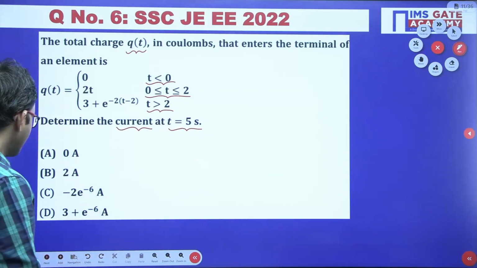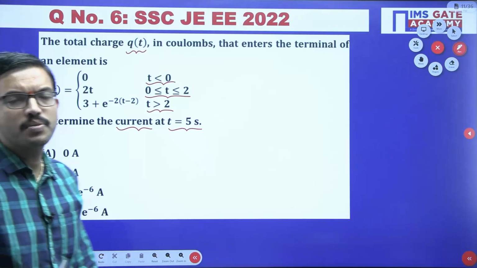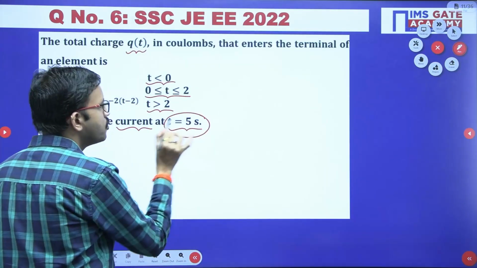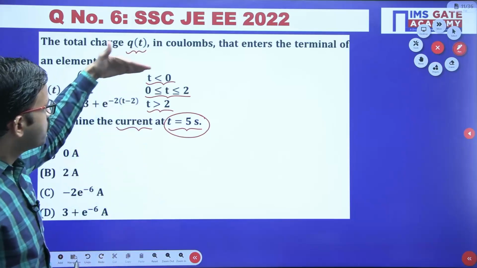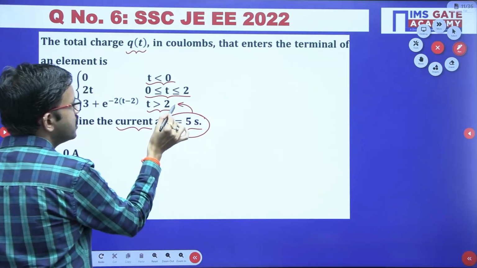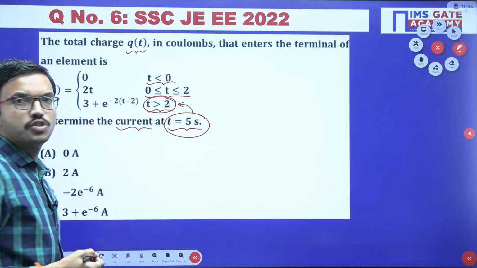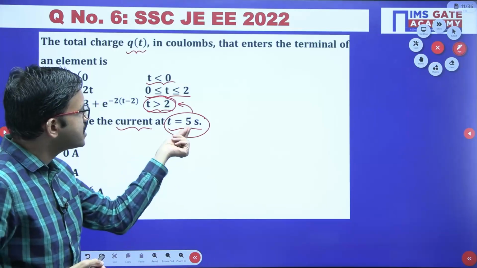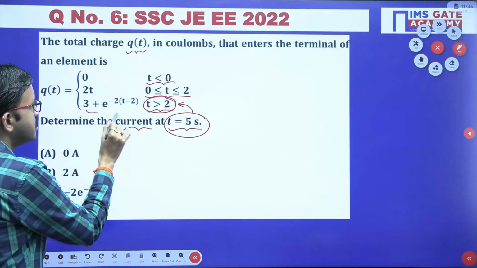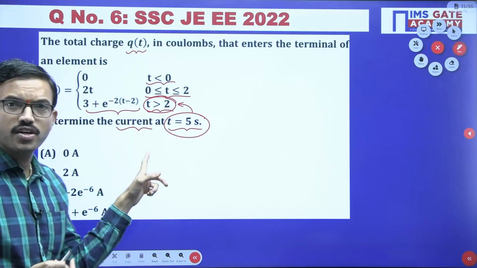So here first and foremost important thing, you have a time instant. Based on the time instant, you have to consider the interval t greater than 2, because t equal to 5 seconds exists in the t greater than 2 interval, right? So this is the charge expression, but now they are asking for current.